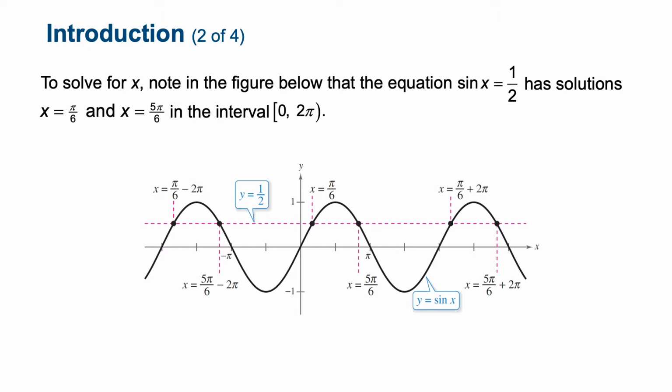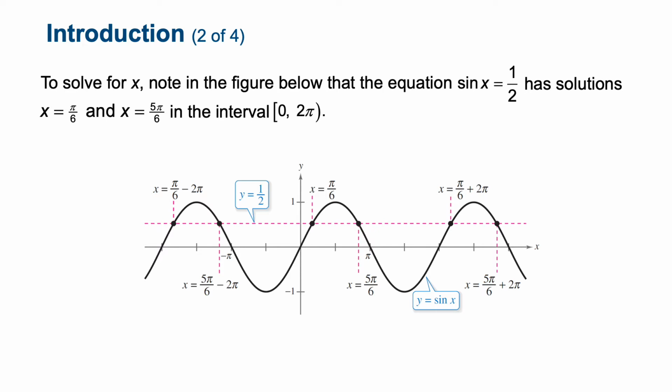It's very similar to zeros. At x equals pi over 6, the value of sine of x is 1/2. At x equals 5 pi over 6, sine of 5 pi over 6 is 1/2. You can see that with the red line intersecting the graph.